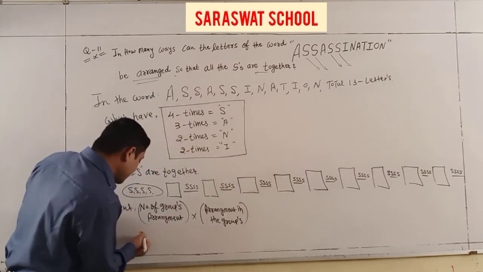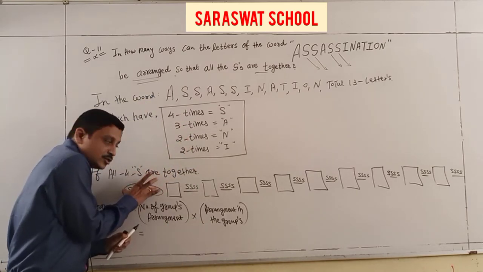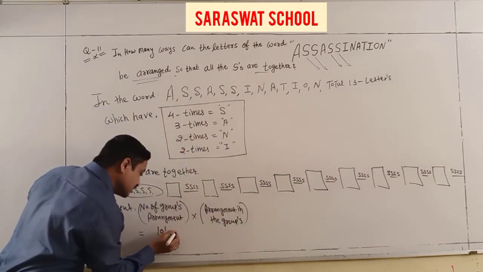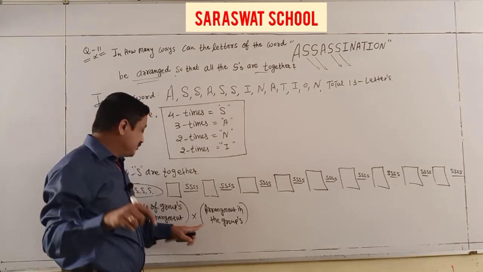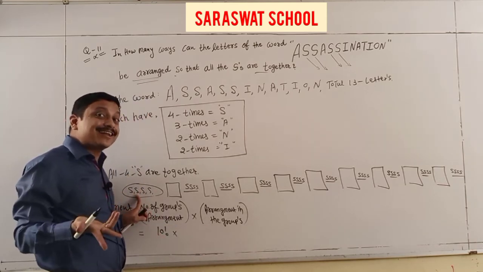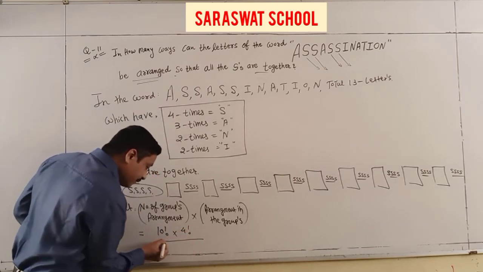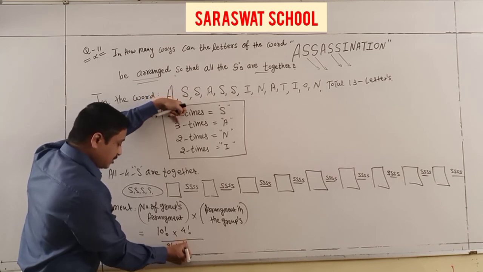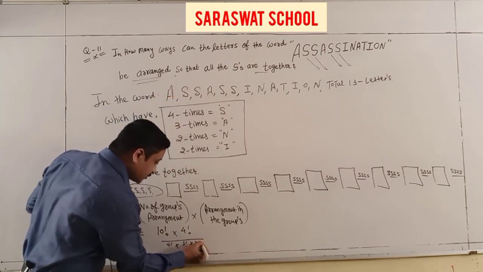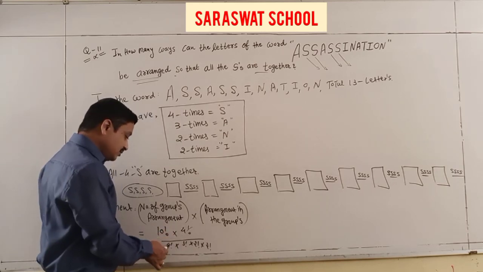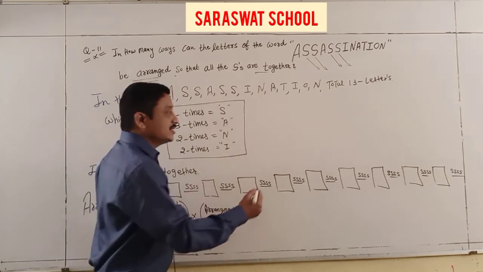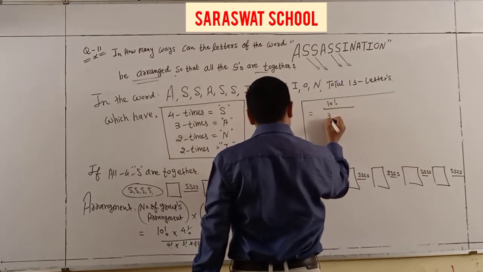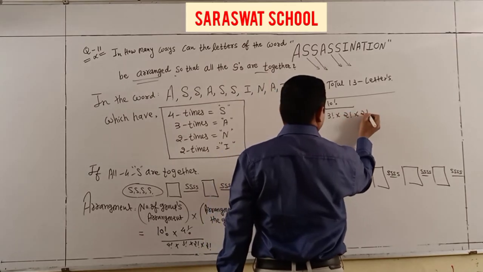So I write the number of groups: this one group, 2, 3, 4, 5 up to 10. It is 10 factorial. Now arrangement within the group: how many letters in the group? S 4 factorial, upon the repeated ones we must divide: 4 factorial, 3 factorial, 2 factorial, 2 factorial. This 4 factorial cancels, very easy. So you get 10 factorial by 3 factorial, 2 factorial and 2 factorial.